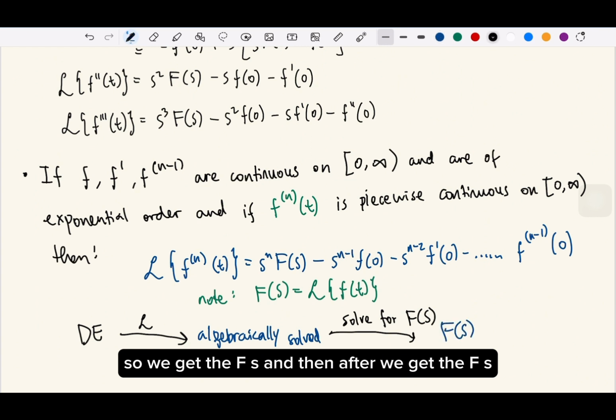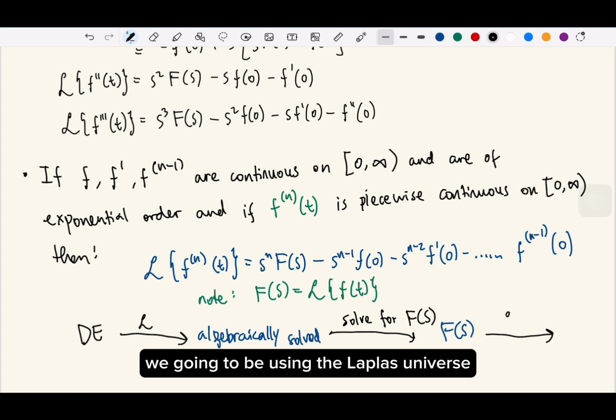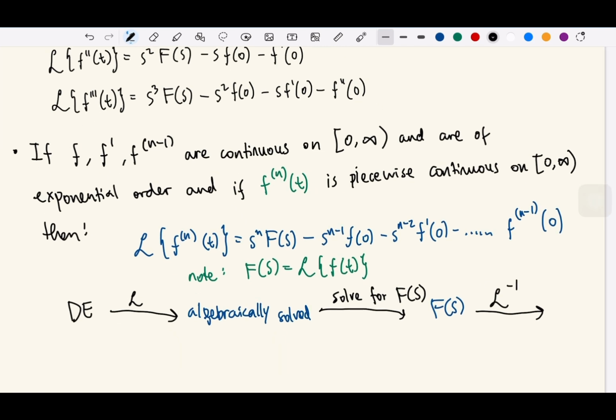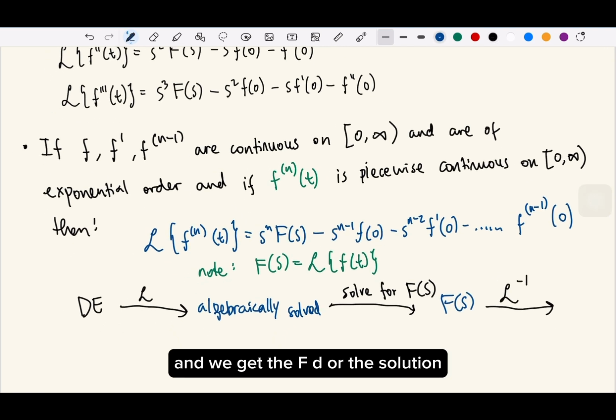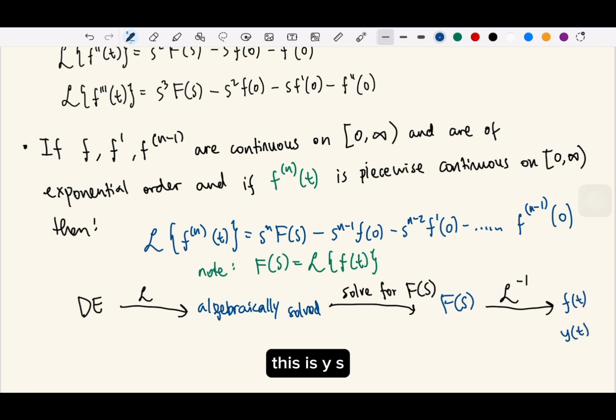After we get the F of s, we use the Laplace inverse, and we get the f of t, or the solution. Or if you want to write with y, it's also the same, y of t, with Y of s as the capital Y.